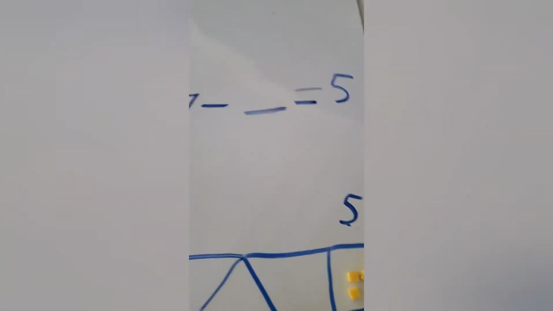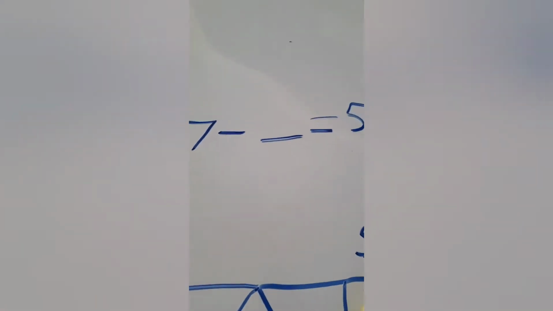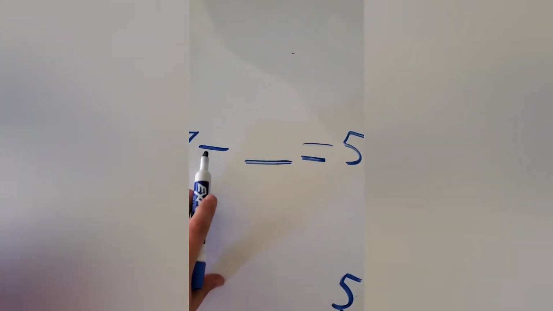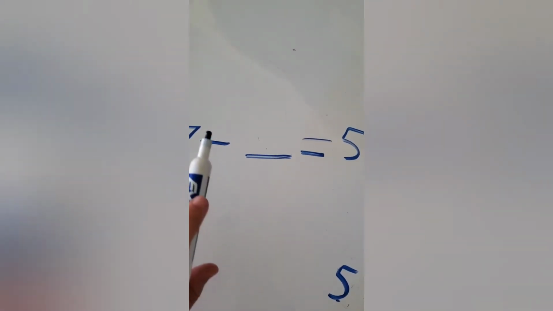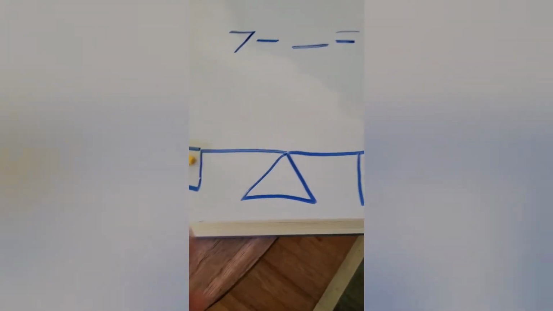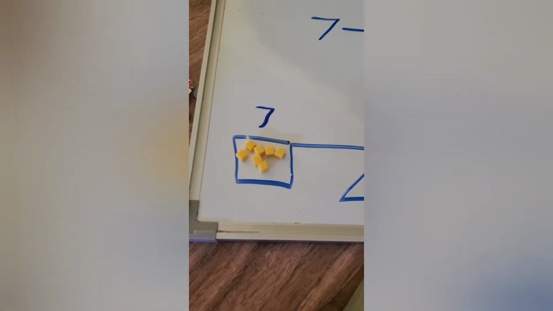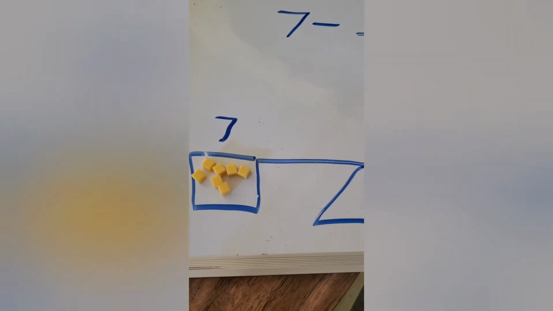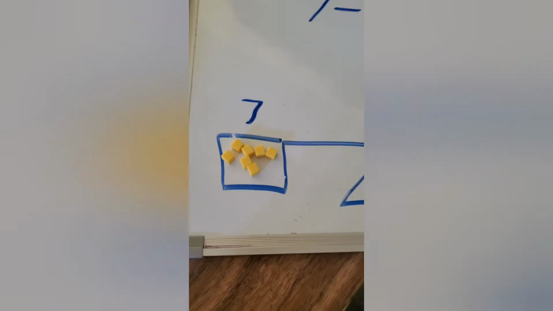So, if we look at my number sentence, it has a subtraction sign. So to find the missing number, what do I have to do to make my pan equal? Because I have to subtract.